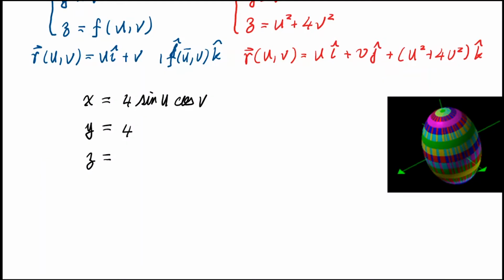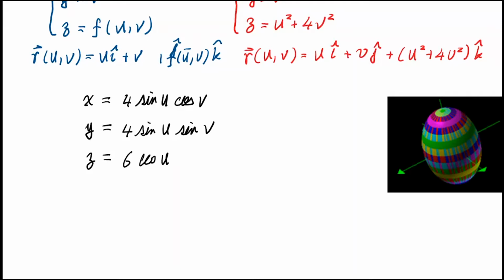And this one was sine phi sine theta, wasn't it? And this one was rho cosine phi, correct? Let's make this side longer so it becomes an ellipsoid.